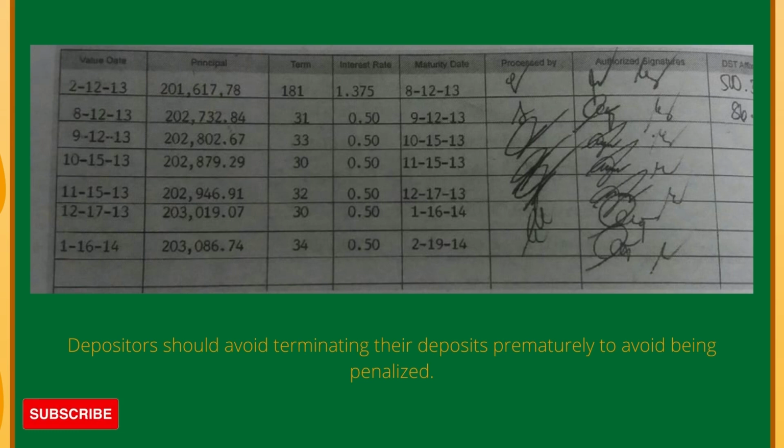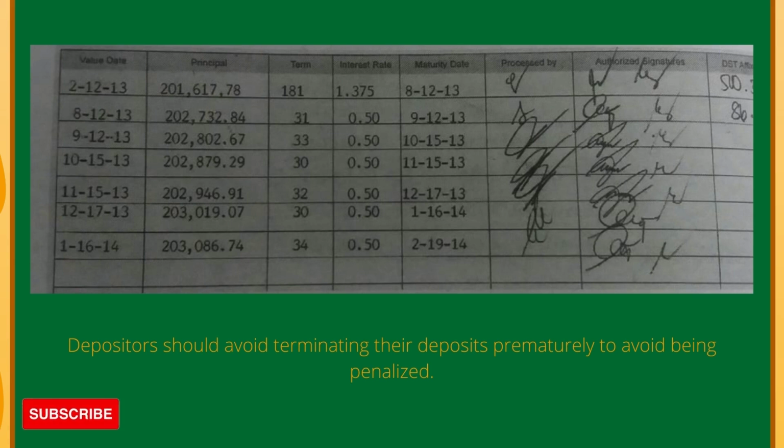Otherwise, the bank ends up paying a higher cost for the funds without being able to use them over longer periods. Hence, the documentary stamp or DST, which a bank usually shoulders if the account is held until maturity, will be passed on to the depositor.